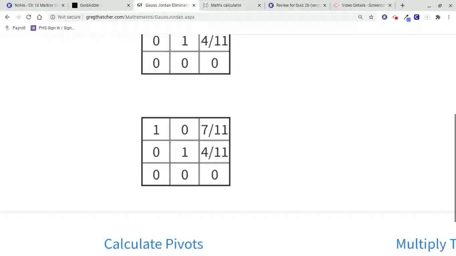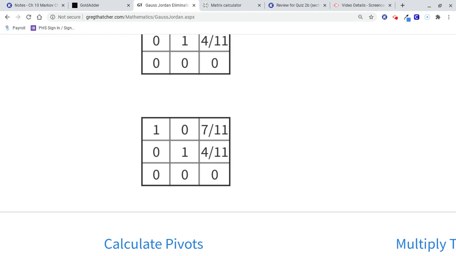Oops, going to zoom. Notice the bottom row is 0, 0 equals 0. Okay? Don't make the mistake of thinking that automatically means many solutions. Okay? I only need two equations. When I have two variables, I need two equations, and that's what I show.